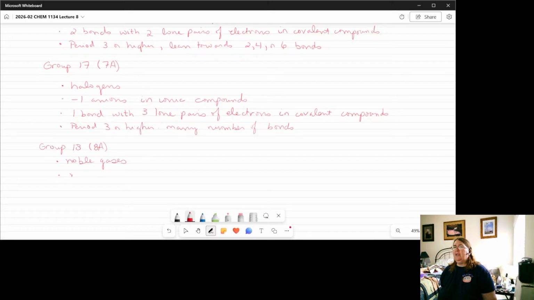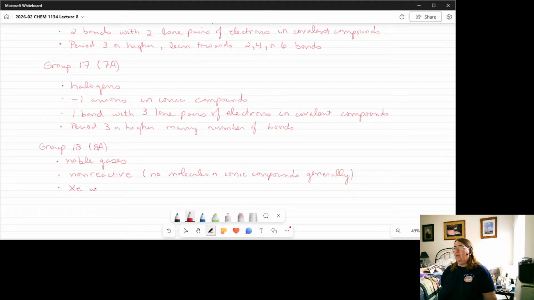They are, for the most part, non-reactive, which means they don't form bonds, so no molecules or ionic compounds, generally. There is an exception to that rule.